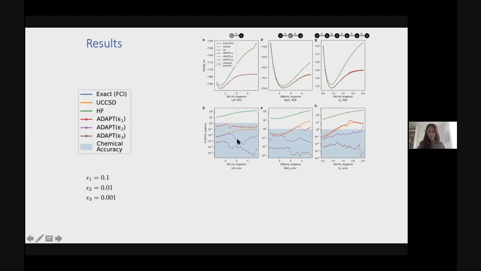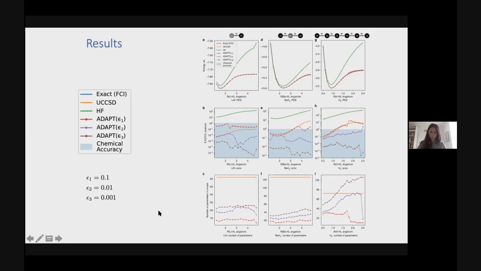So you can ask, at what expense do you succeed here? So how many variational parameters do the different ansatz contain? So here we plot the number of parameters in the ansatz as a function also of the distance, same x-axis. So the UCCSD is a fixed ansatz, so it's fixed throughout.